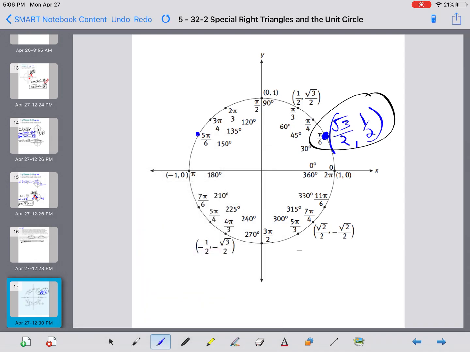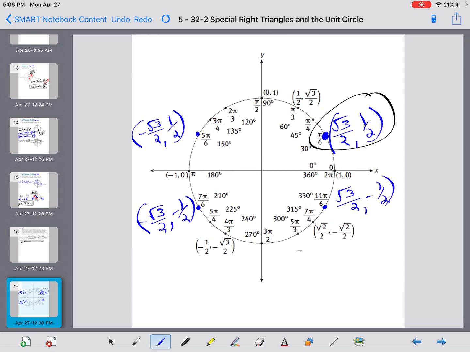This point here, like I said, would be negative root 3 over 2, positive 1/2, okay? This point down here, if we made that same reference angle, it'd be a negative x, negative root 3 over 2, but it would also be a negative y, negative, negative. Over here, it'd be positive root 3 over 2, positive x, but a negative y. So you see all those blue spots have the same xy value. Some are positive, some are negative, all right?